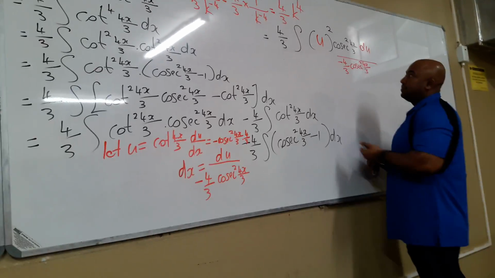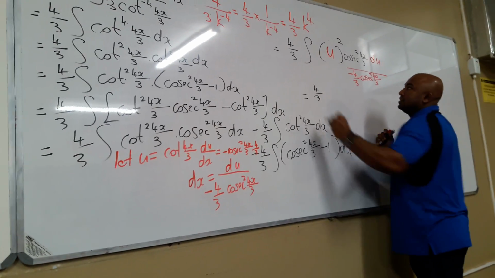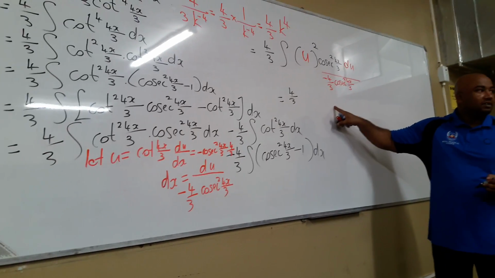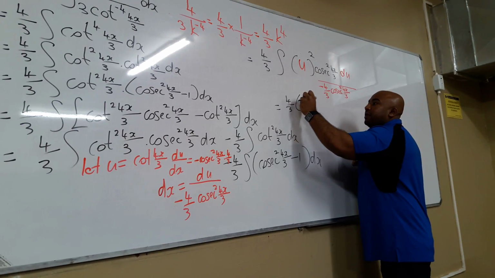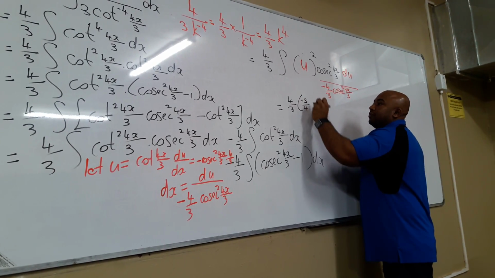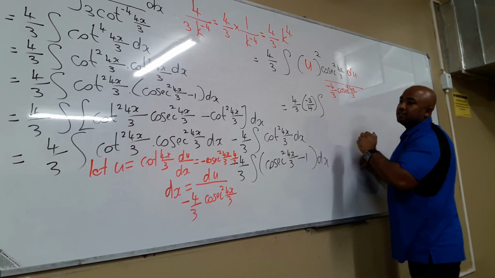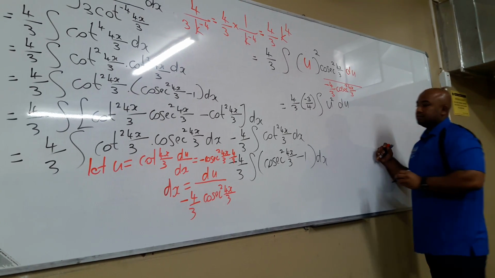So now what is happening here? You got 4 over 3. This is divided by minus 4 over 3. So if you invert and multiply, it will be minus 3 over 4. Cosec squared and cosec squared will cancel. So it's just u squared du.